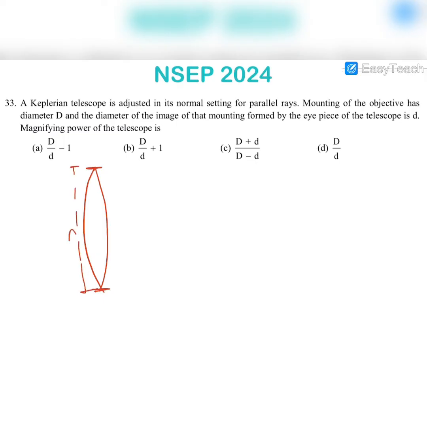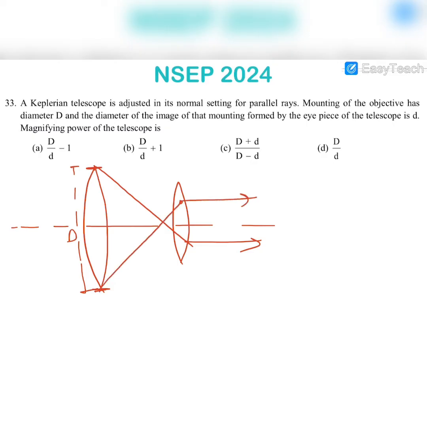This is d, and the image of this diameter formed by the eyepiece has a diameter of small d, which means that if we form the image of this diameter like that, so this will be small d.